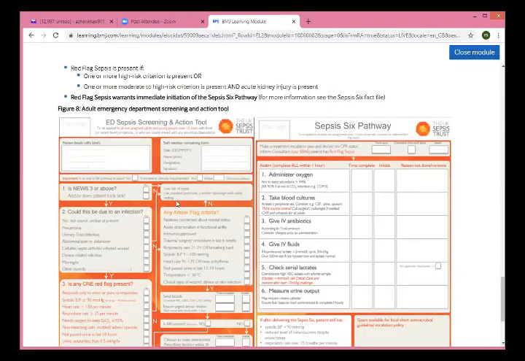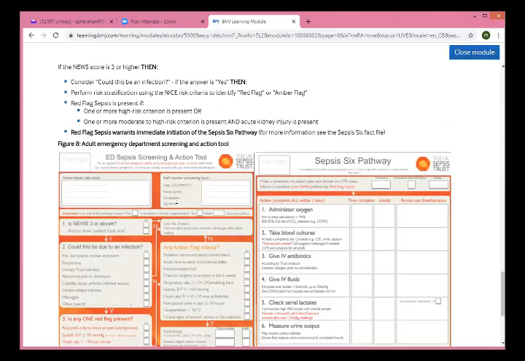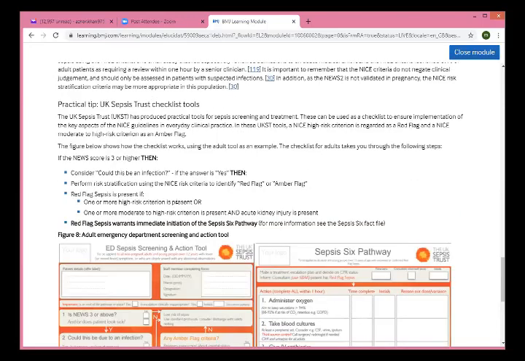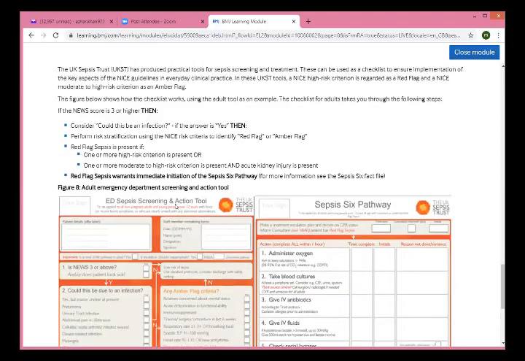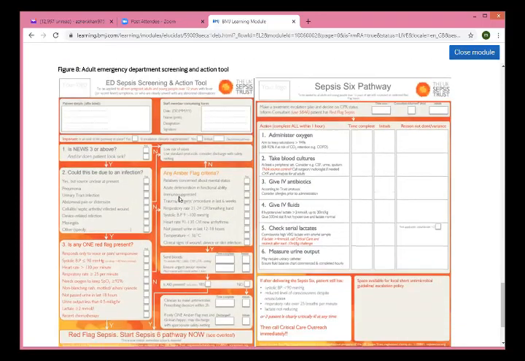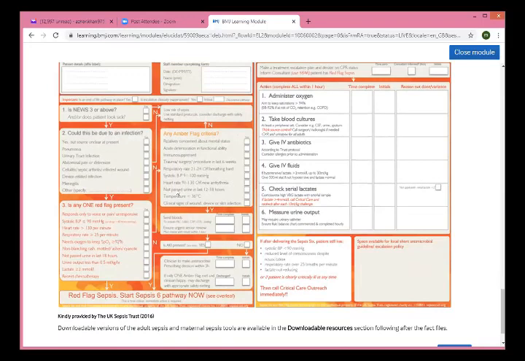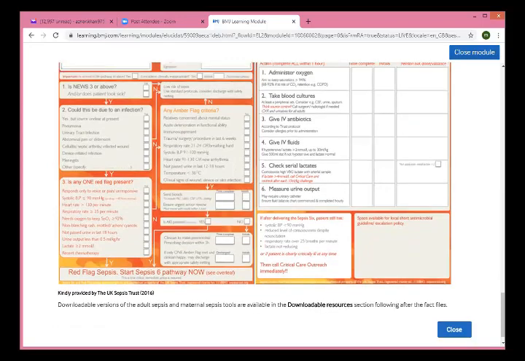That's how you deal with sepsis. Some are the red flag, some are the amber flag. So it depends which flags are there and you re-stratify them.